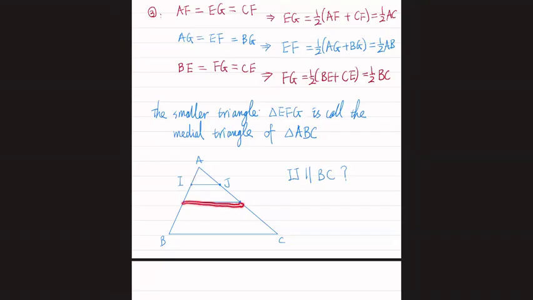So it will be the mid of the mid. So 1/2 of 1/2, so it's 1/4, right? Okay. So I and J, mid of mid, 1/2 of 1/2, 1/4.